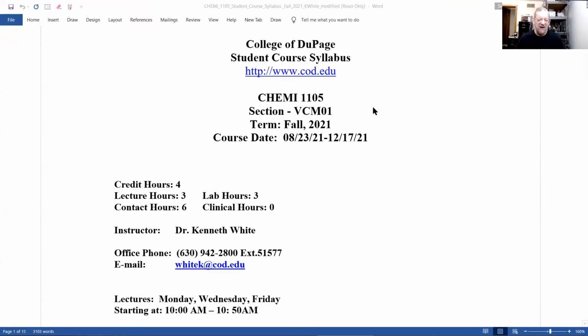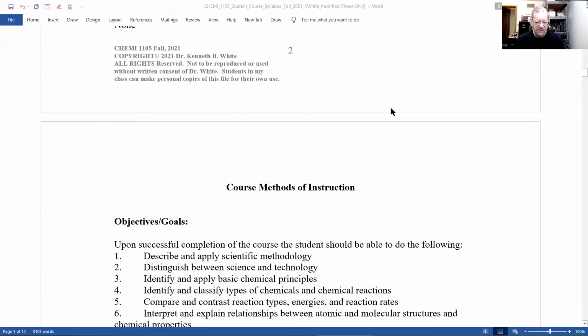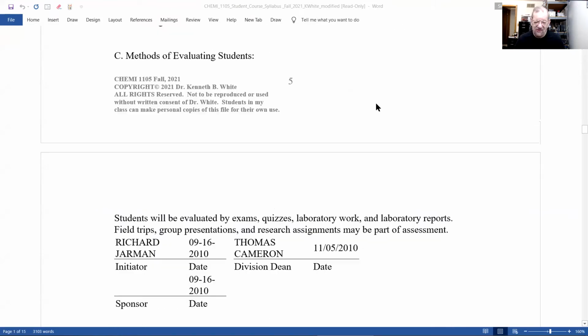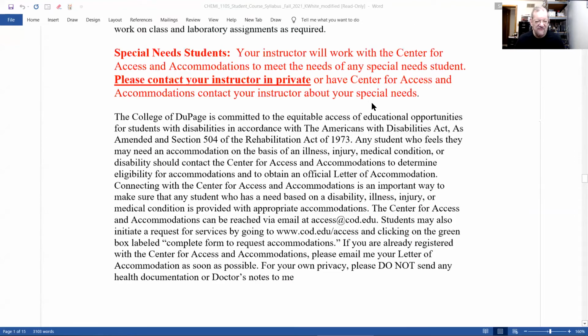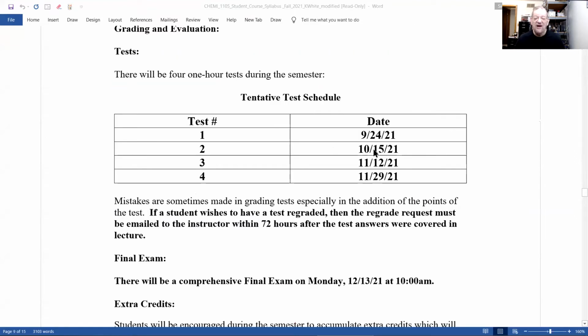All right, here's what I modified. Now, test number 2, I moved back a week. The reason I wasn't sure is because not this Tuesday, but I believe the 12th of October, 3 days before that test, all of COD will have what's called in-service day.